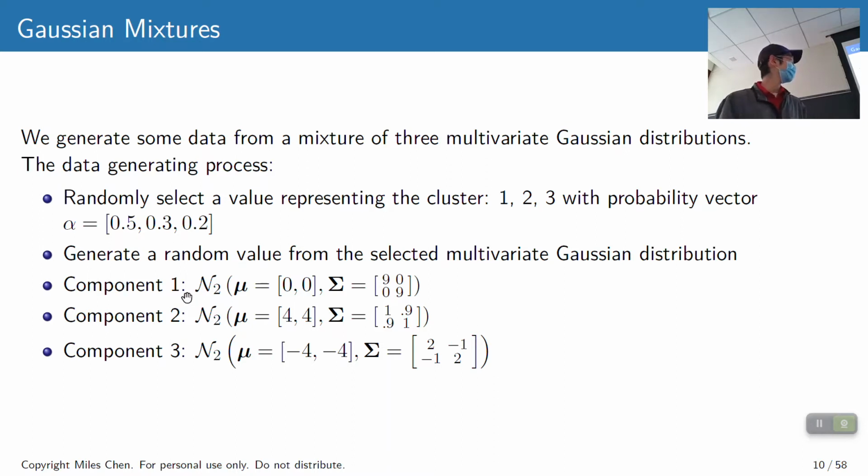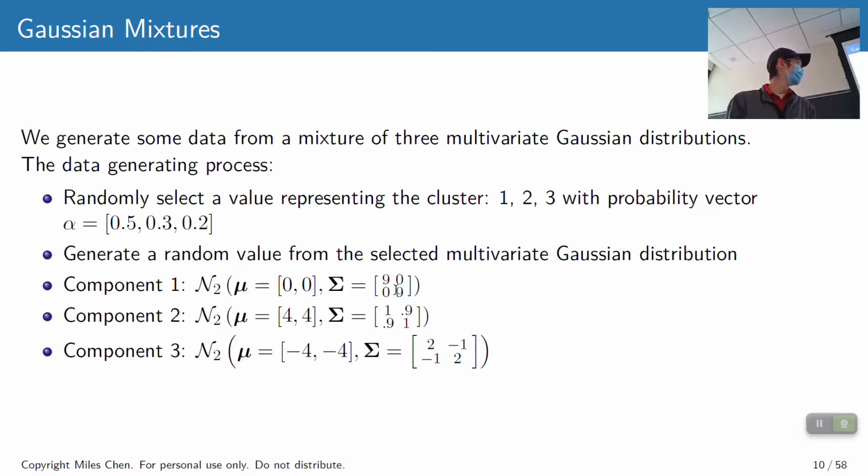Component 1 is a 2-dimensional Gaussian where the mean is 0, 0, and the variance is the sigma matrix 9, 0, 0, 9, so basically it's a big circle, where x and y are independent.